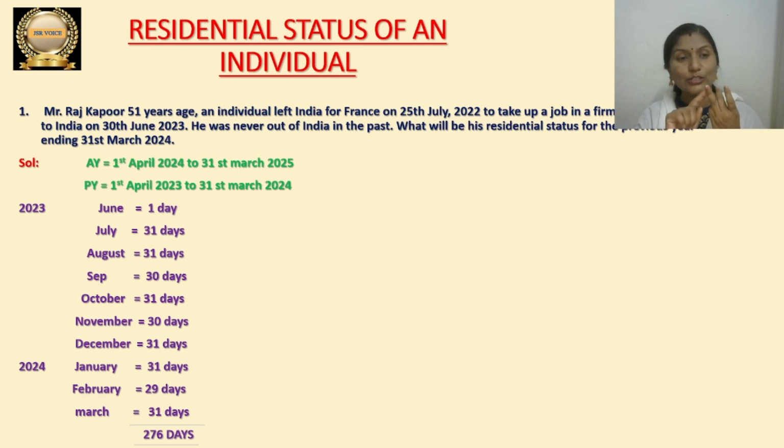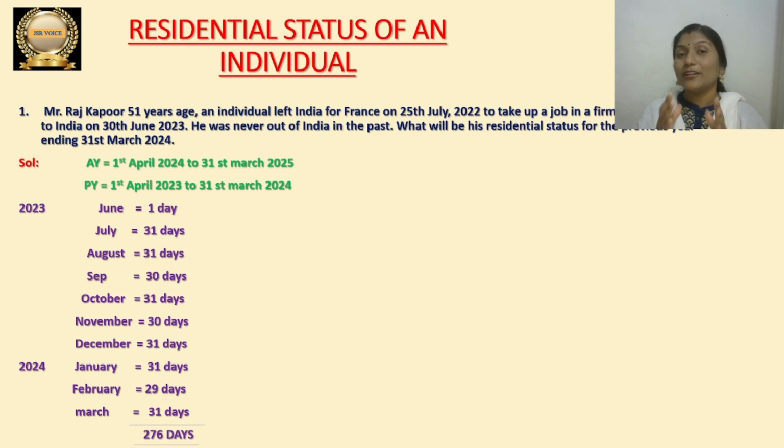Under that, the first one is any individual or citizen of India going to a foreign country for job purpose, then we can call him a special category assessee. So here Mr. Raj Kapoor is a special category assessee because he is leaving India and going to France to take up a job there.